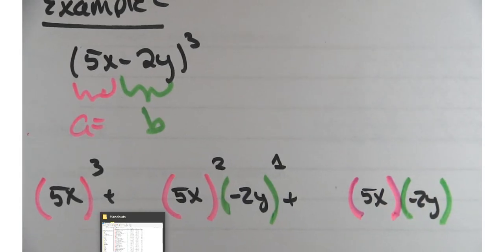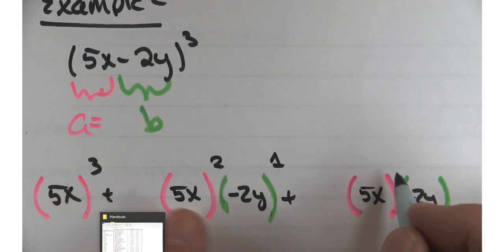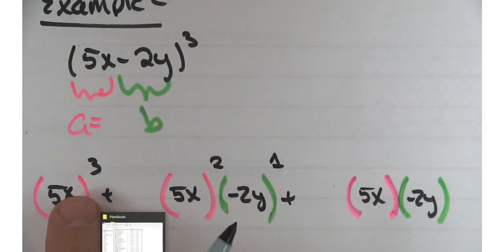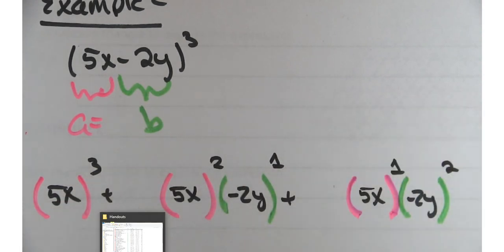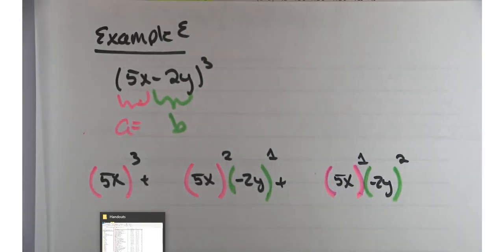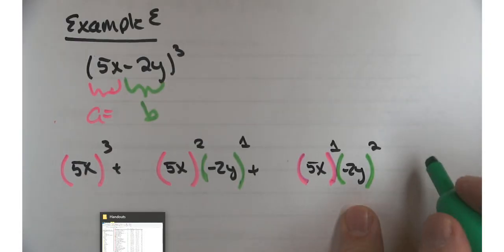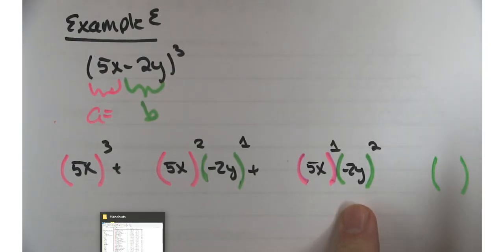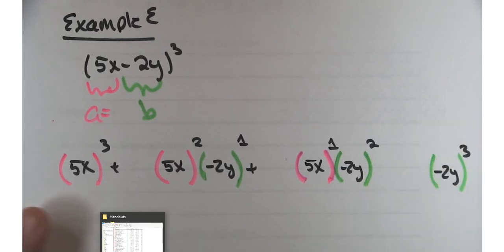Josh, what are the exponents going to be on these two terms? 3 and 2, or 1 and 2. Perfect, 1 and 2. Great. And then I need to do one more here. So let me zoom out a little bit here. What's that last term going to be? Yeah, minus 2y cubed. And I hope kind of color coding it like this helps you see where each term is coming from.